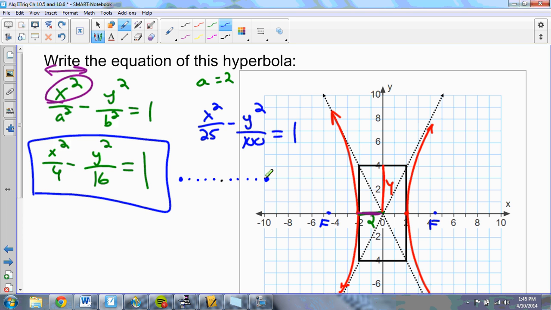I'm going to go up and down 10, even though I never took the time to figure out which one's A and which one's B. I'm just going to go left and right 5, up and down 10. And since the x came first, this one's going to graph kind of like this.